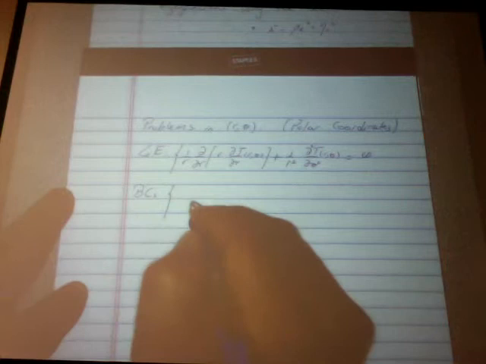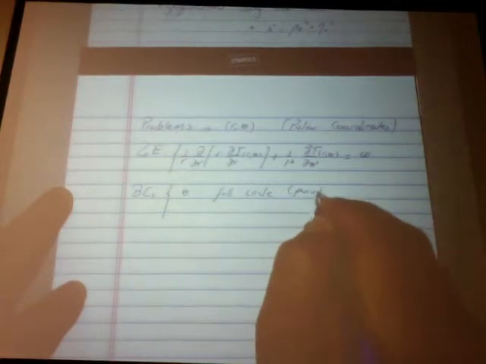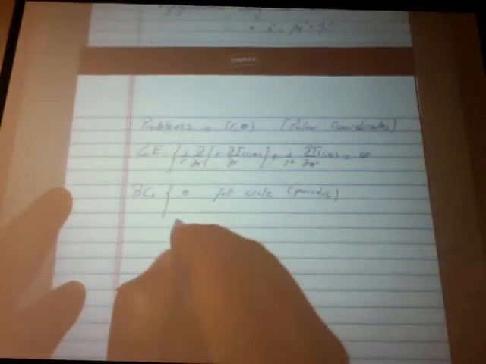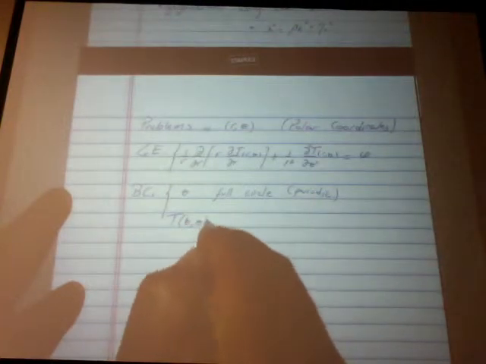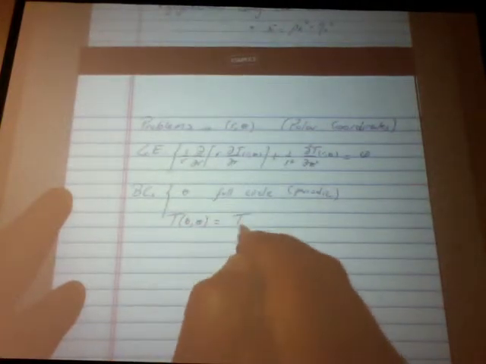So we're looking at a steady state problem in r and theta. Let's say boundary conditions in theta, we have a full circle, so periodic. And in r, we have T at b comma theta is equal to some T0 of theta. Right? So we have the following.